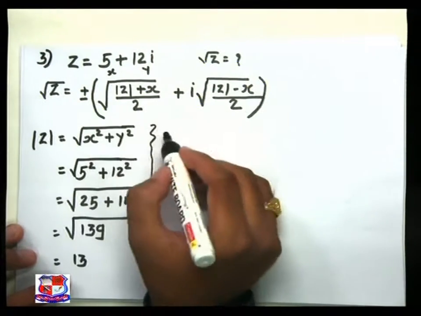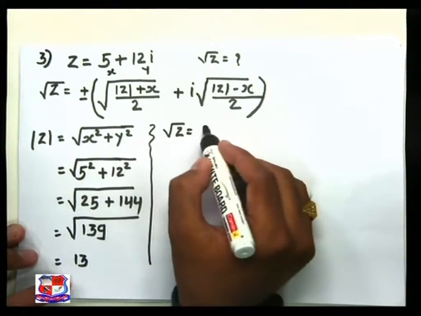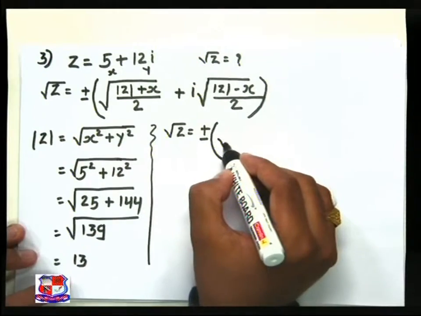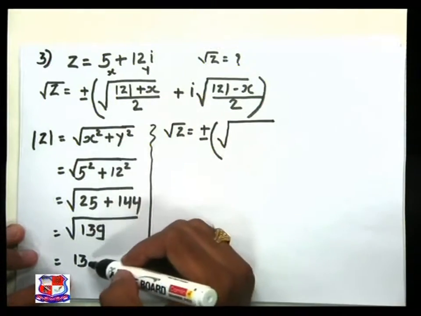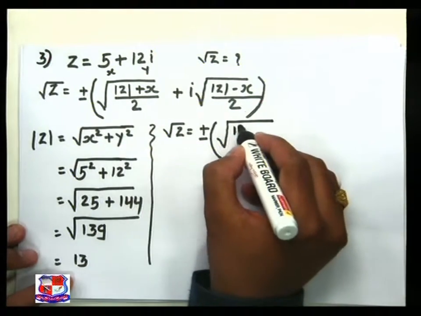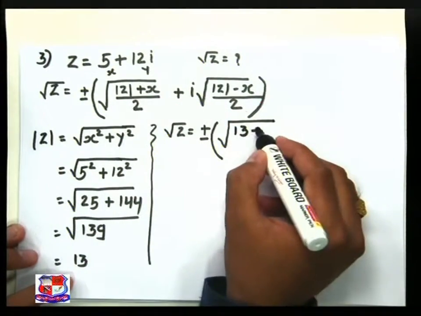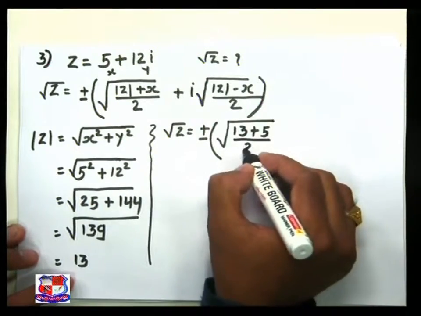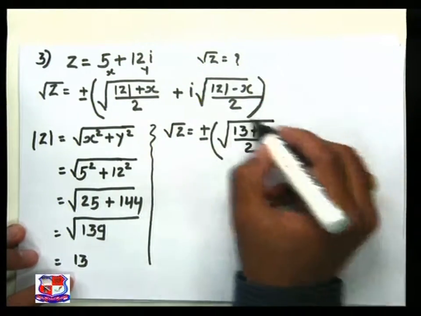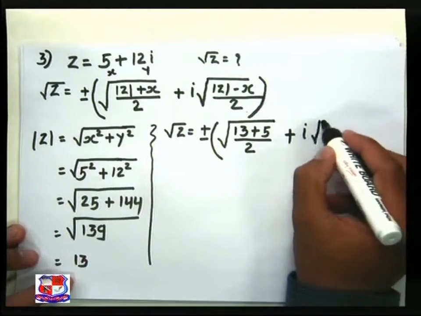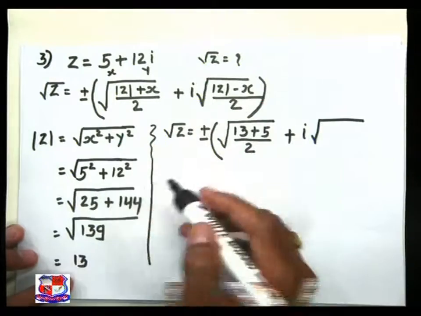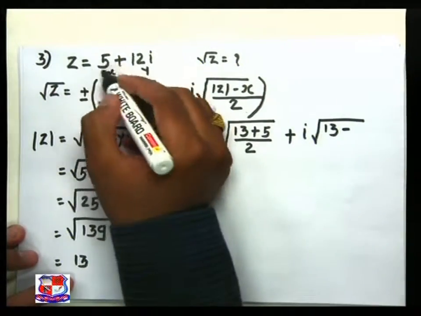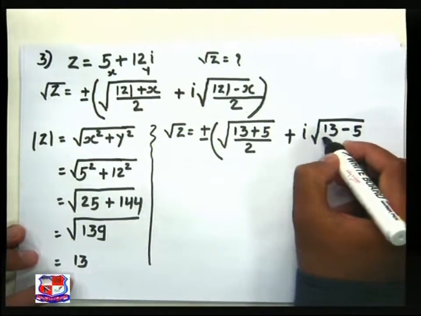So write our main equation, that is under root of z is equal to plus or minus under root as it is, mod of z, that is 13, plus sign as it is, x value, that is 5, divide by 2 as it is, plus sign i, under root as it is, mod of z, that is 13, minus sign as it is, x value, that is 5, divide by 2 as it is.